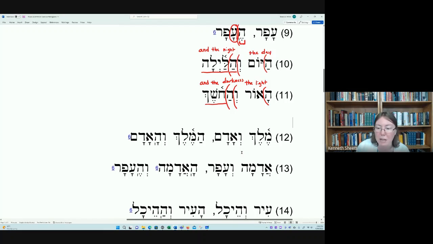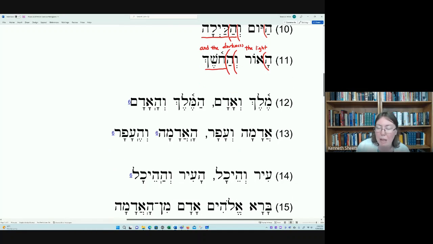It gives us a little bit of an example, and we can see some more here as well. Notice here, melek wa adam. So melek, we can see that's going to be the idea of king. And then also wa adam, here you can see the conjunction. So the conjunction and adam, human. So king and human.